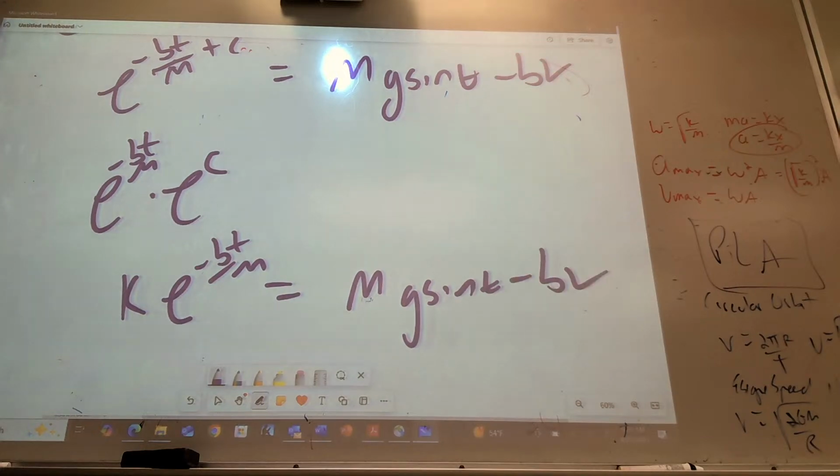I just want to point out that K is E to the C. E to some unknown constant is just a constant.